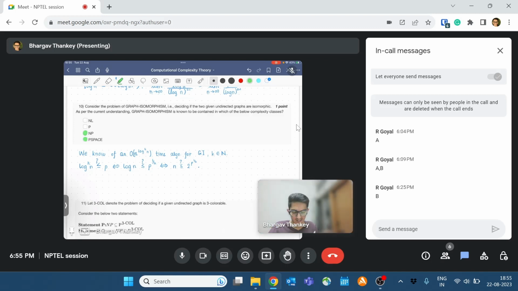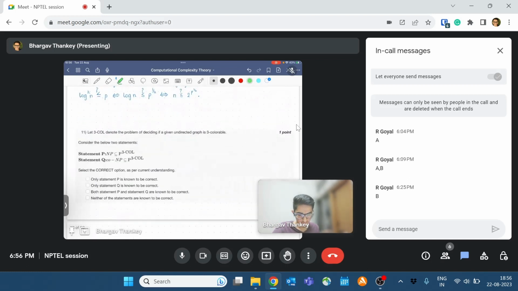I think I have the link somewhere. I can add that to the notes or give it to you in the next session. Sure. Is this fine? Yes. Then let's look at the next problem.